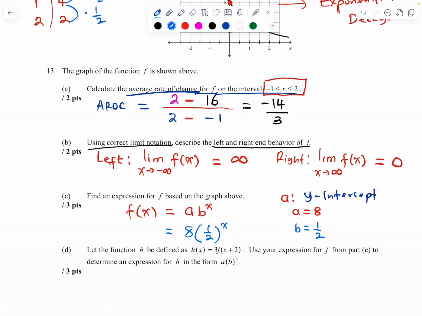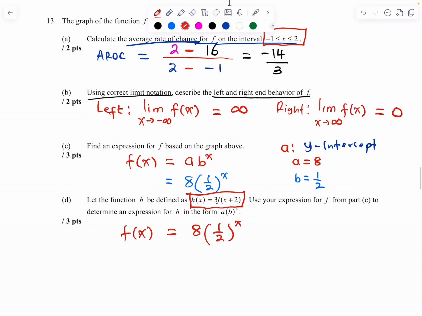For part d, it's saying that if you use this transformation right here, let's write a new expression for f using c. If I use that transformation, what I have from c is this. And then for h of x, if I wanted to apply that transformation, notice that they multiply y by 3.